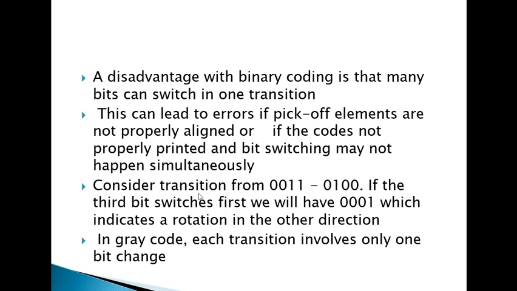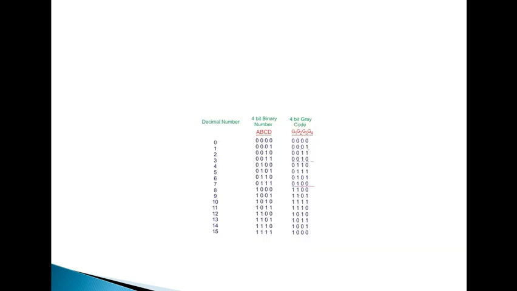Consider the transition from 0 0 1 1 to 0 1 0 0. If the third bit switches first, we will have 0 0 0 1, which indicates a rotation in the other direction. Here I want to tell you that the gray code changes only a single bit, not multiple bits like this one.